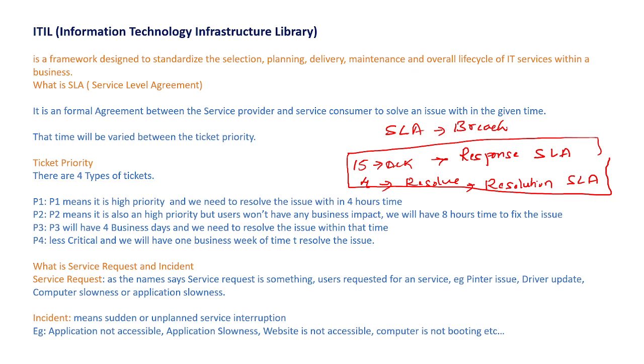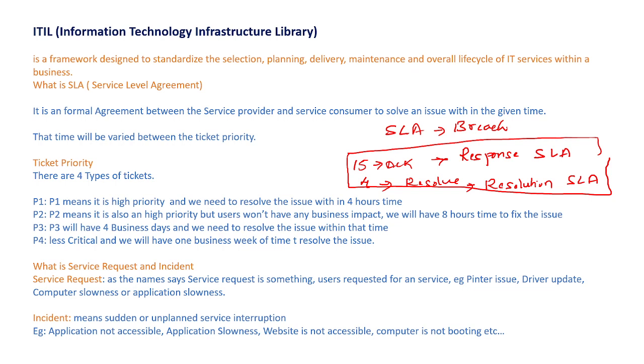If something is getting delayed, you need to have the artifacts showing why there is a delay. Is there any other dependency? Is there any local support you wanted, and the local support team has not come up at the right time? You should have the artifacts for that, to prove that it is not because of us, it is because of someone else, and that is the reason this breach is there.